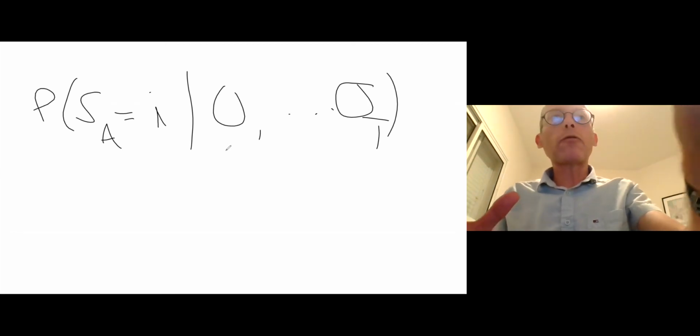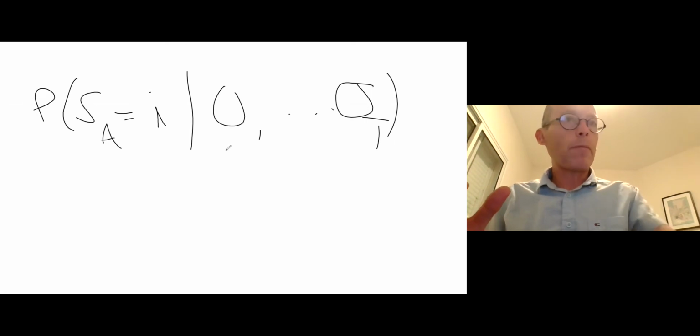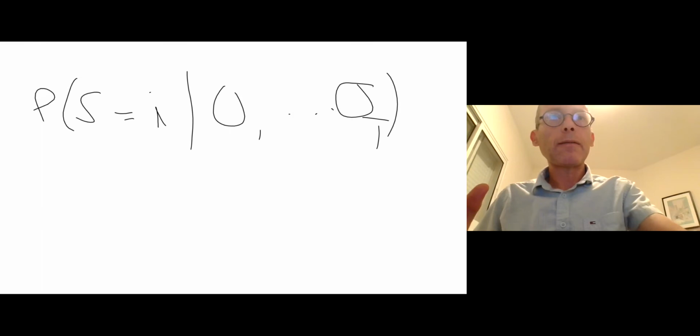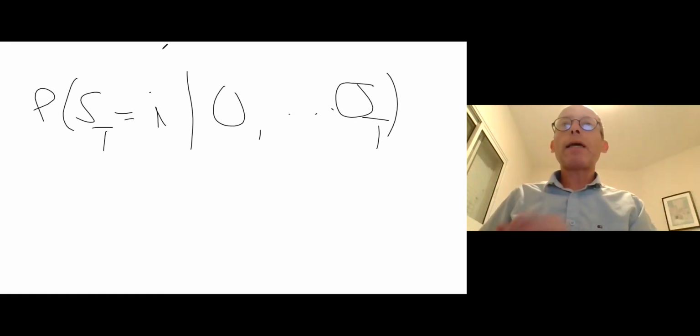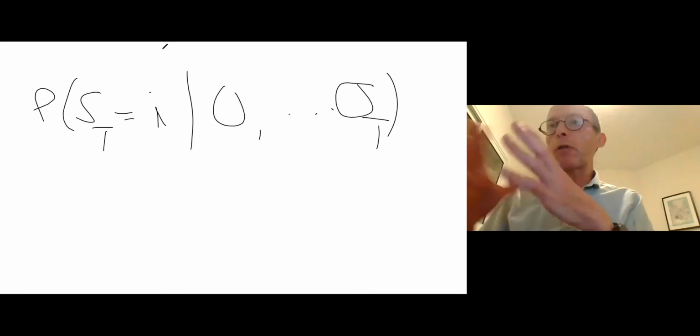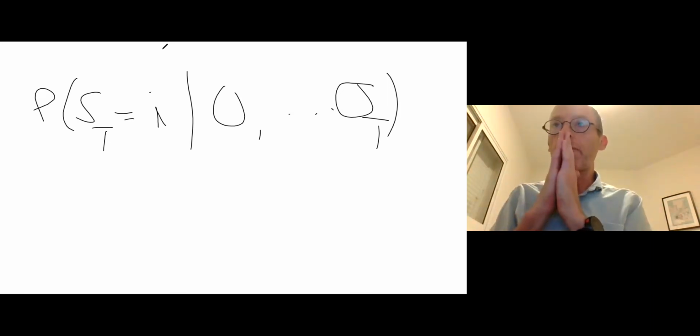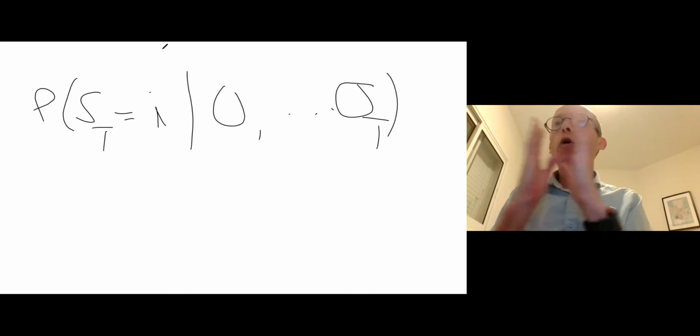We know how to compute it for the last state. That's something we did. S_t equals i, conditional, right? We know how to compute it for the last state, but we didn't derive how to compute it for all states in the middle.